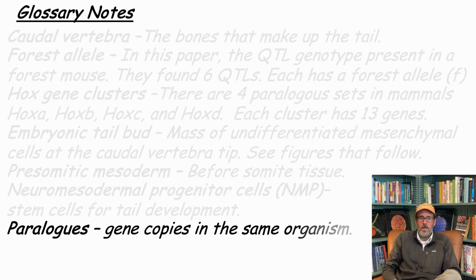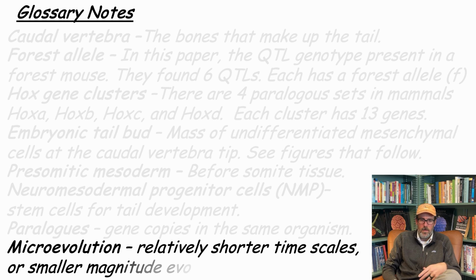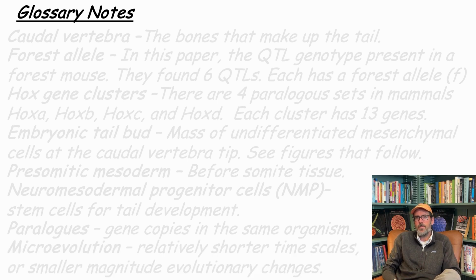And the paralogs, just remember that paralogs are gene copies in the same organism, and microevolution is a term that's sometimes used for relatively short timescale evolution or smaller magnitude evolutionary changes. Remember that Sean Carroll suggests that macroevolution is microevolution writ large, and I tell my students there's really not that much difference. It's just the magnitude or timescale.